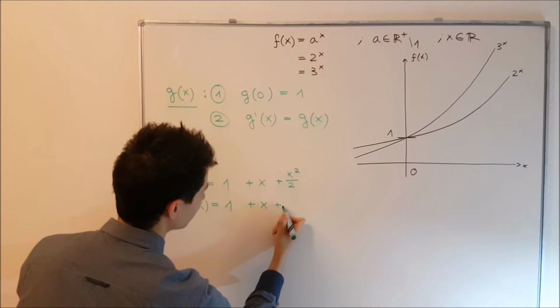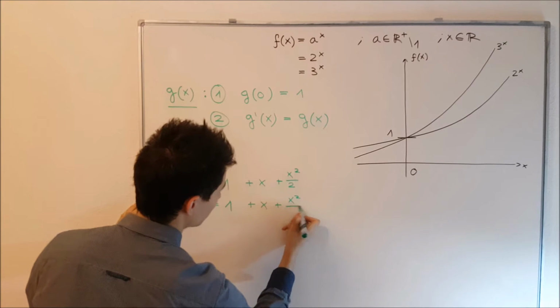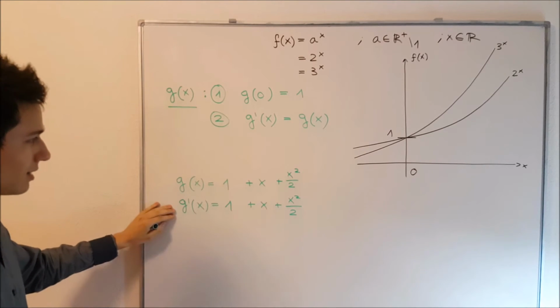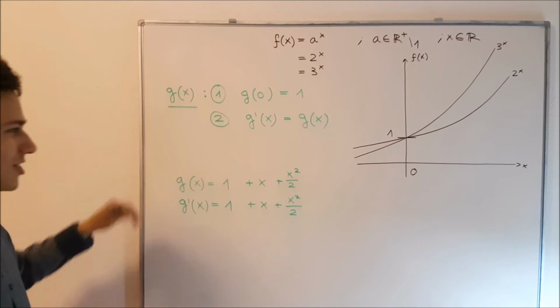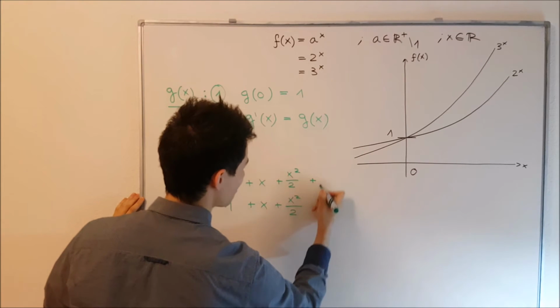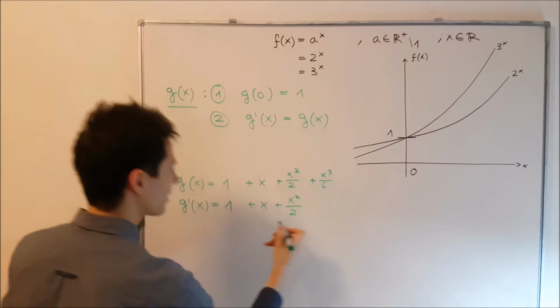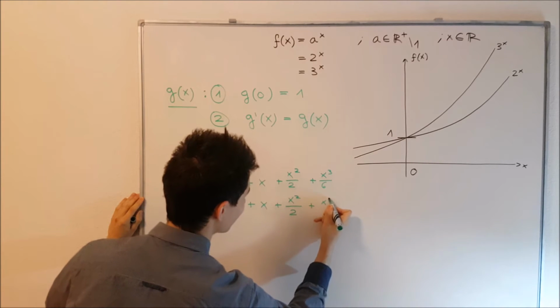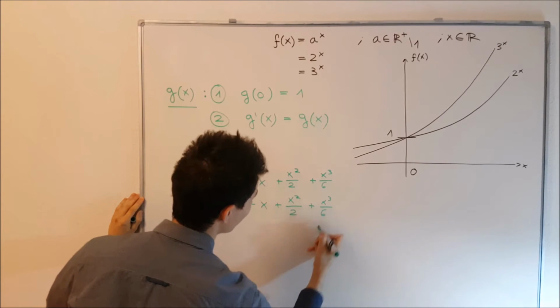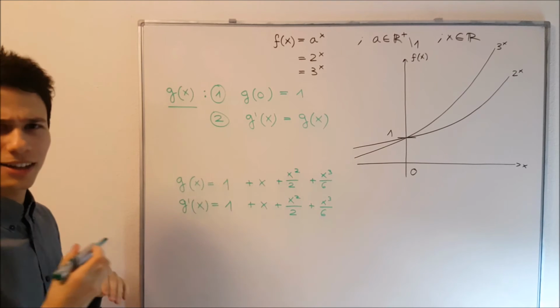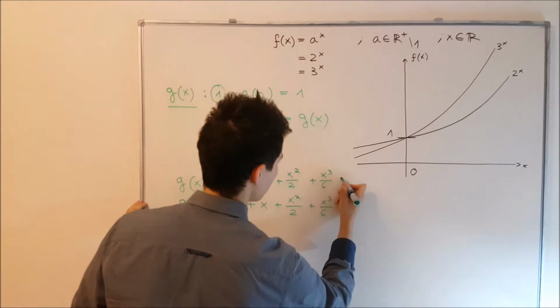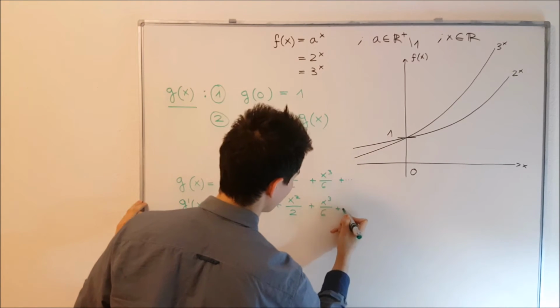And now the second condition says we have to add this here as well. And now again let's adjust g of x. And we get x cubed divided by 6. And the second condition says that we get the same term here as well. And we can do this until infinity if you'd like, but I suppose you don't want that.